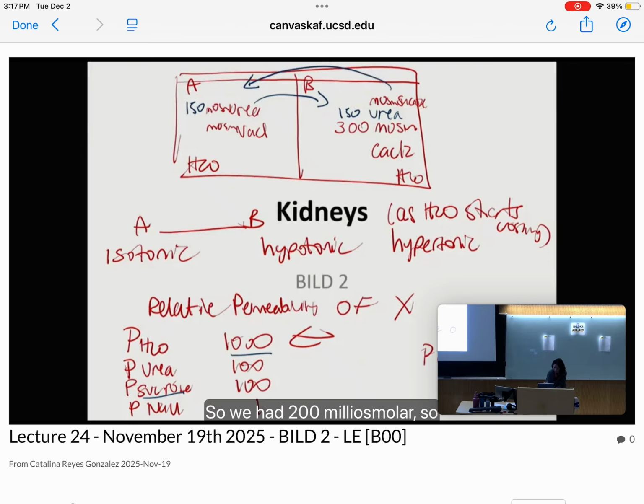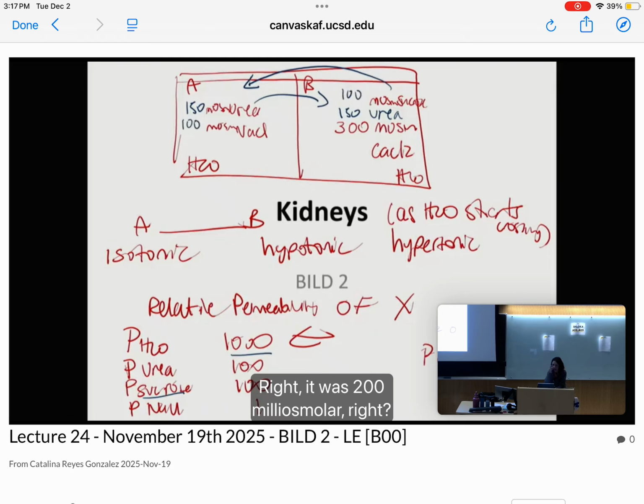We had 200 milliosmolar, so we're going to have 100 and 100. So it moves from B to A until it equilibrates. What about sodium chloride?